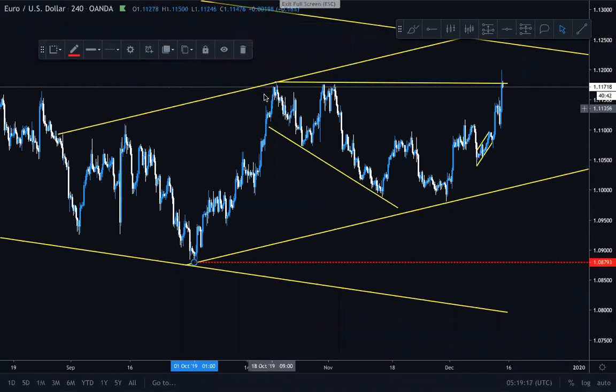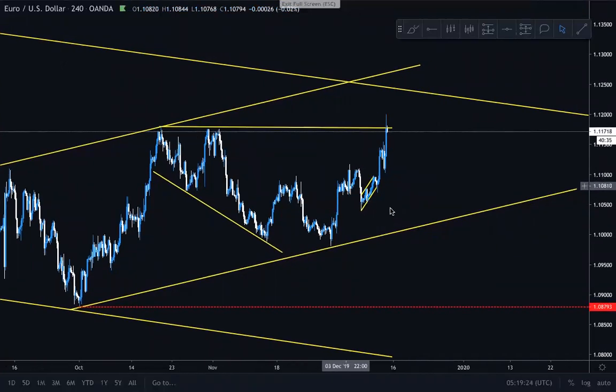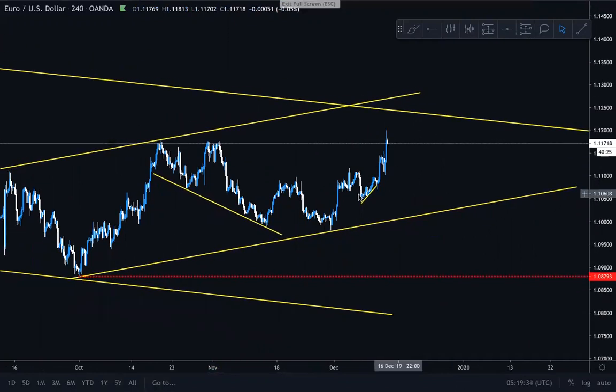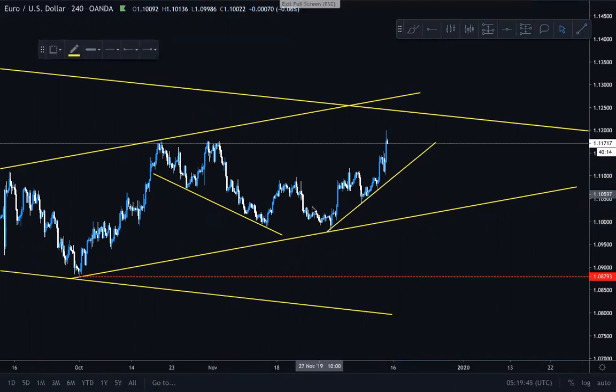But we are getting this 4-hour and daily ascending channel within the weekly descending channel, right? And if we look a little bit cleaner here, you can also see this new channel forming, right?